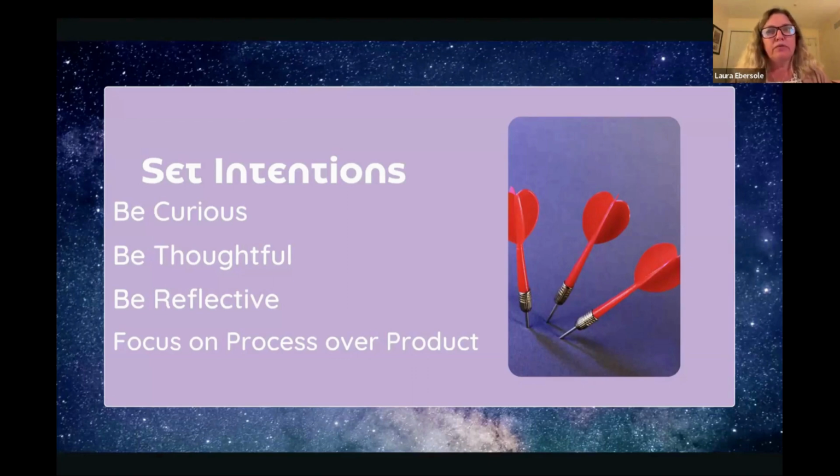Be reflective. Like Janelle was talking about earlier with her reflectivity app. Think about what happened when you used it, and talk it over with other people. See if people have similar experiences to you or something different. And then the last is focus on process over product. So learning is the journey.